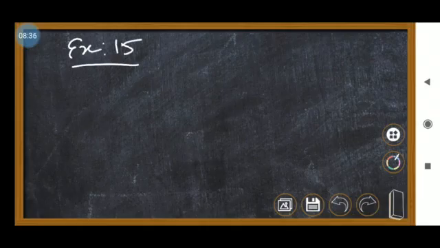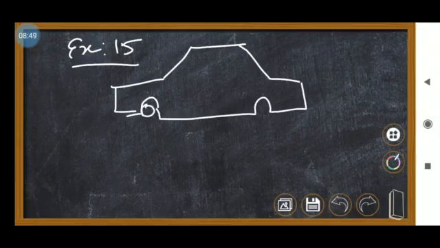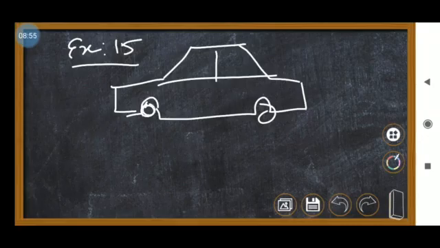A car travels 90 km in 2.5 hours. Just imagine a car travels 90 kilometers in 2.5 hours.